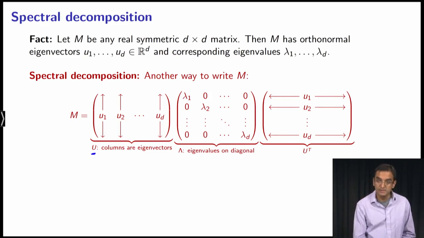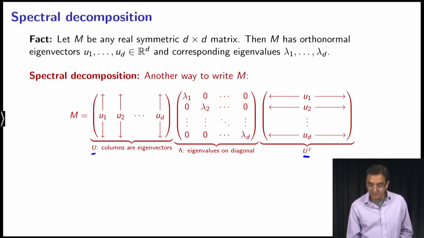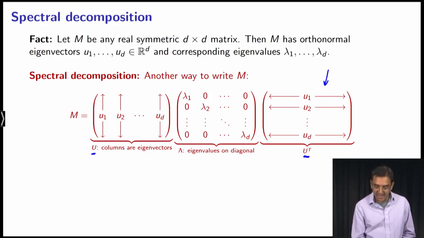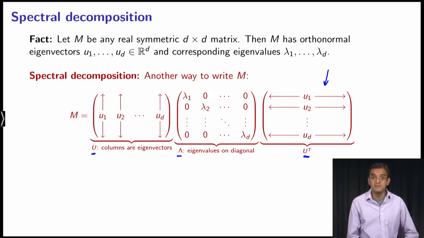So the first column is u sub 1, the second column is u sub 2, all the way to u sub d. And in that case, U transpose looks like this. Its rows are the eigenvectors. We can also write down a diagonal matrix, lambda, of all the eigenvalues. If we do that, then it turns out that M is exactly U times lambda times U transpose.